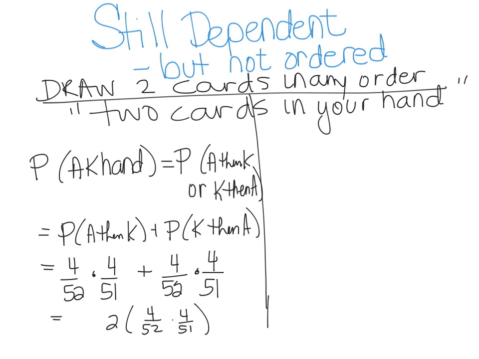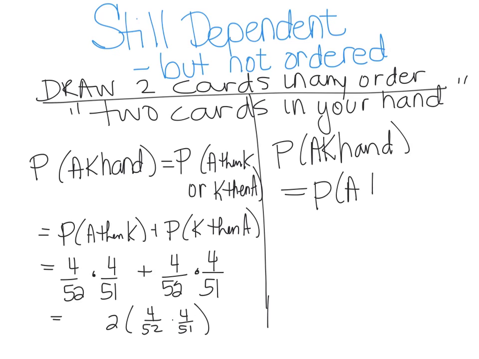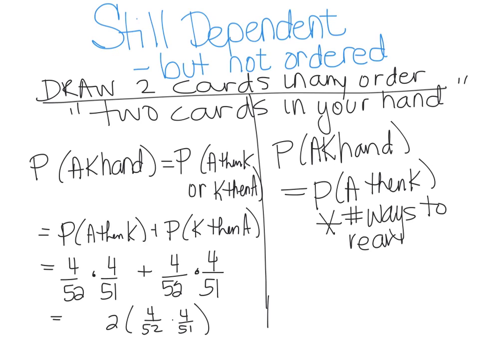So let's imagine the probability of an ace-king hand is equal to the probability of an ace then a king times the number of ways you have to rearrange, because they're all good ways to rearrange ace-king.